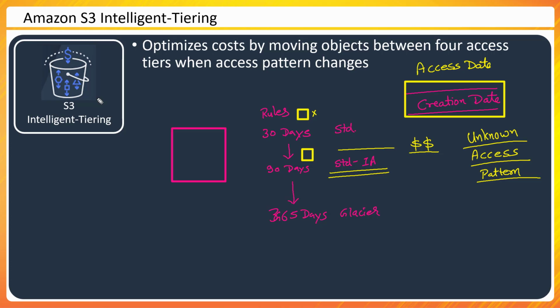Based on access date, if data is being accessed frequently, it would be kept in your hot tier. If it is not being used, it will go into the warm tier. If again for a longer length of time it is not used, it would then go into your cold tier. So based on access date, my data would be moved from one tier to another tier. That is what we mean by S3 intelligent tiering.